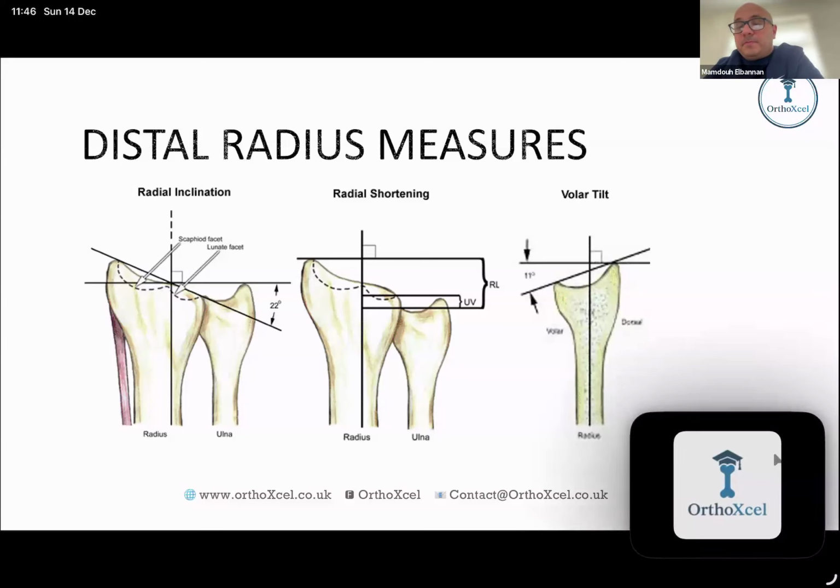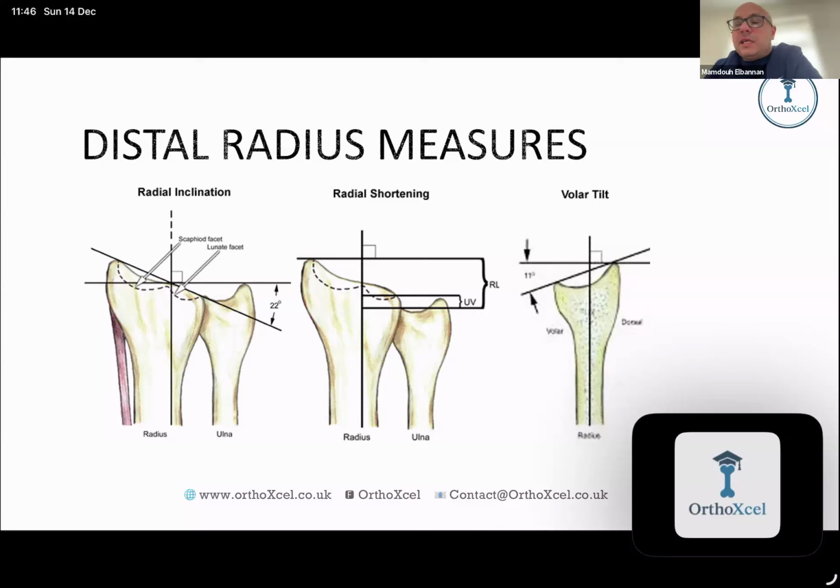Radial inclination and radial shortening, you can see them on the AP view. The volar tilt is the inclination between the dorsal rim and the volar rim, relative to 90 degrees from the mechanical axis; this is on the lateral view.